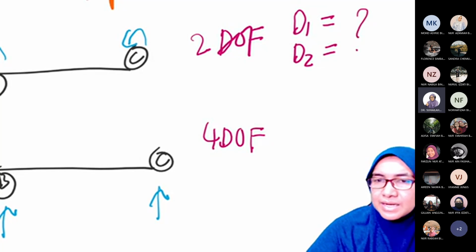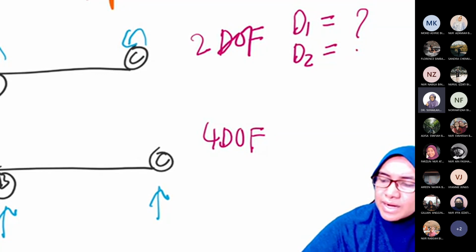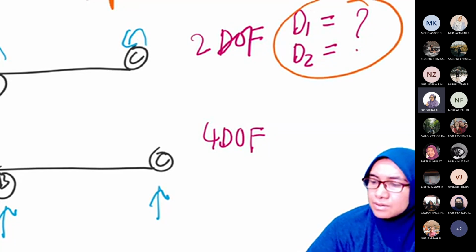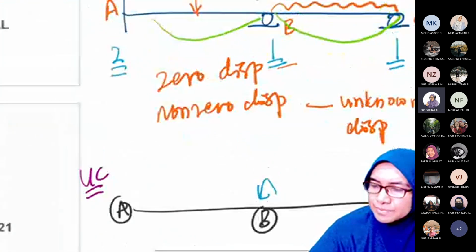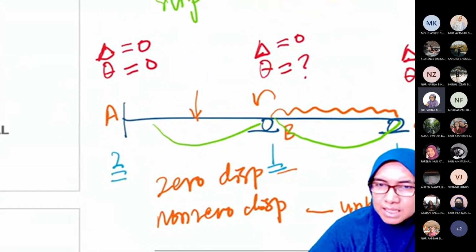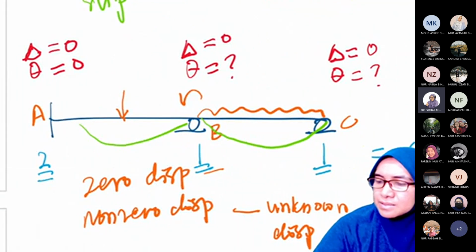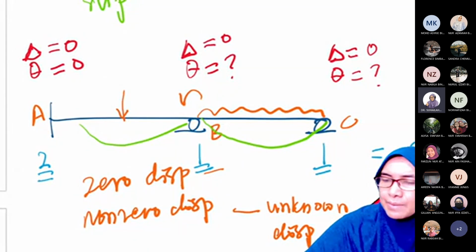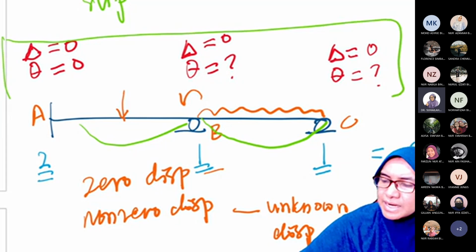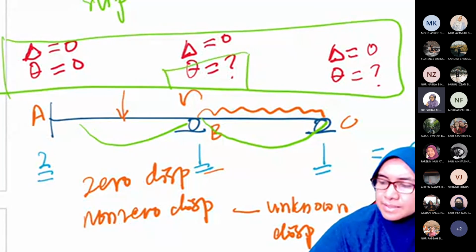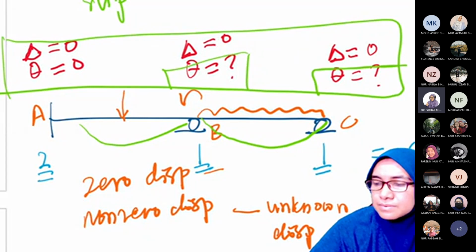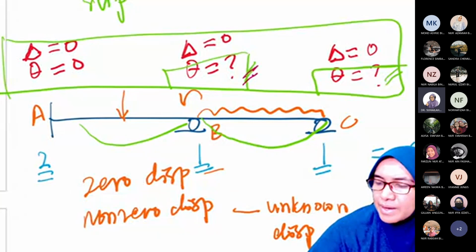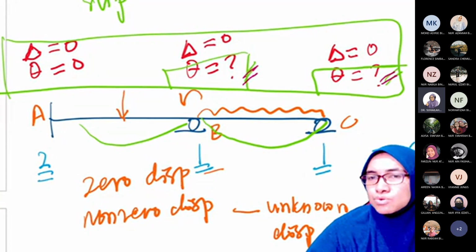These are non-zero. How many non-zero are there? There are 2. So the 2 represent 2 unknown displacements.